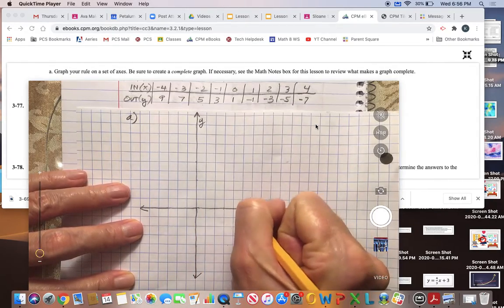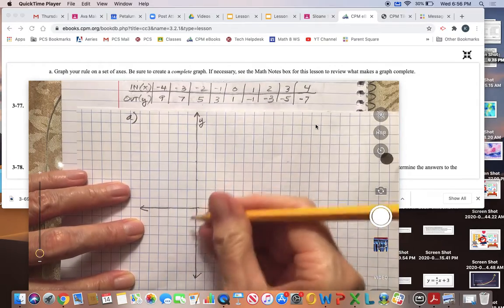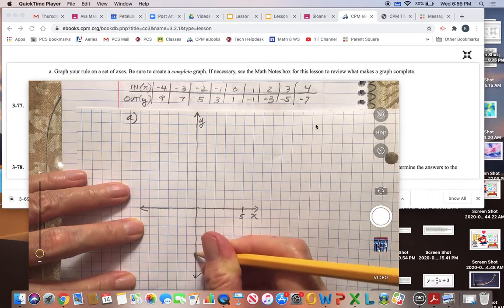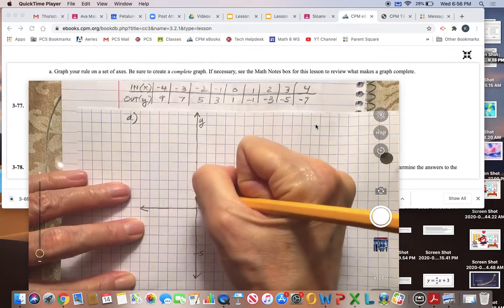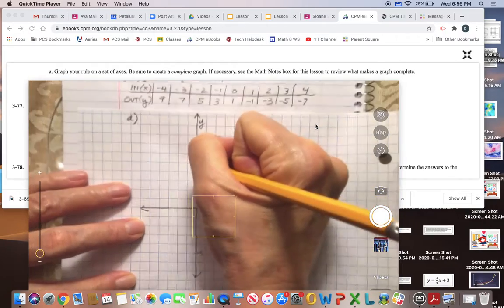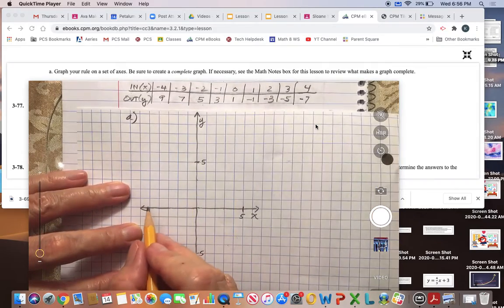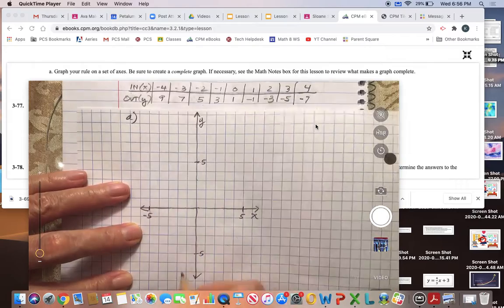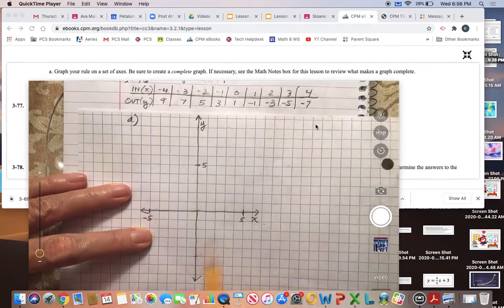I don't want to have to number every single line, so I'm just going to make that a 5 and go down 1, 2, 3, 4, 5 here and make that a -5. Go 5 up here, make that a 5. And over here, we'll make this a -5. Oh, that should have been a -5 also. So we'll make that -5.